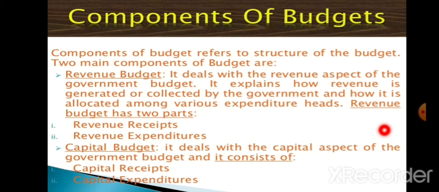Second one is capital budget. It deals with the capital aspect of the government budget and it consists of capital receipts and capital expenditure. In short, capital budget depicts capital receipts and capital expenditure of the government.